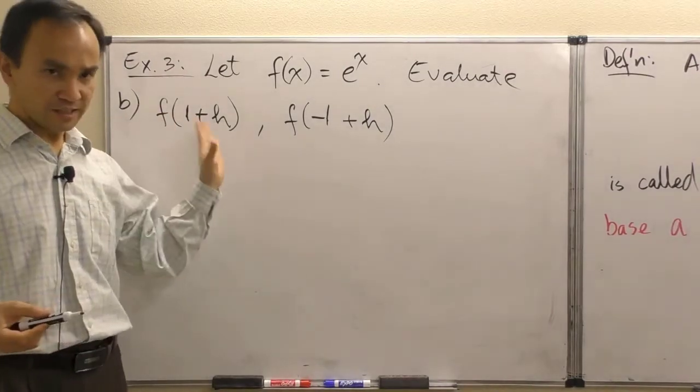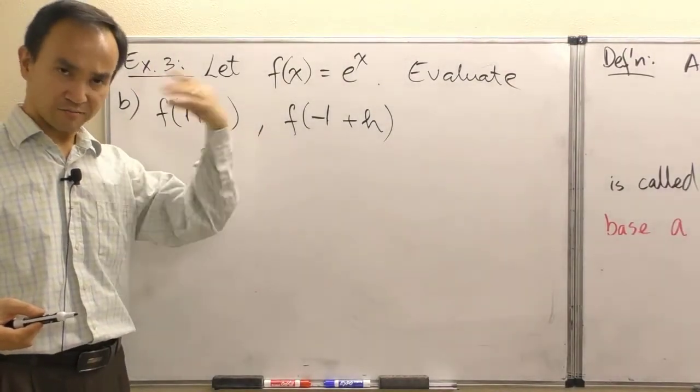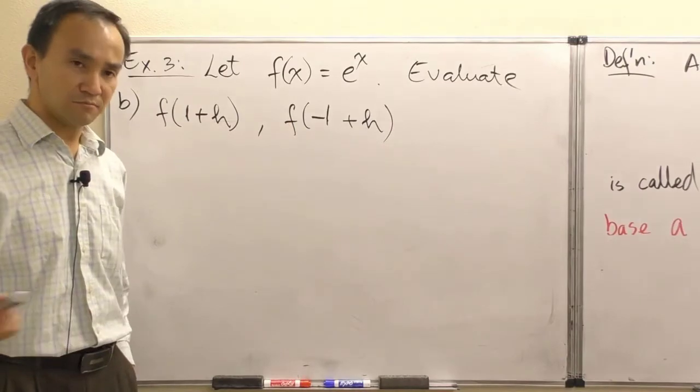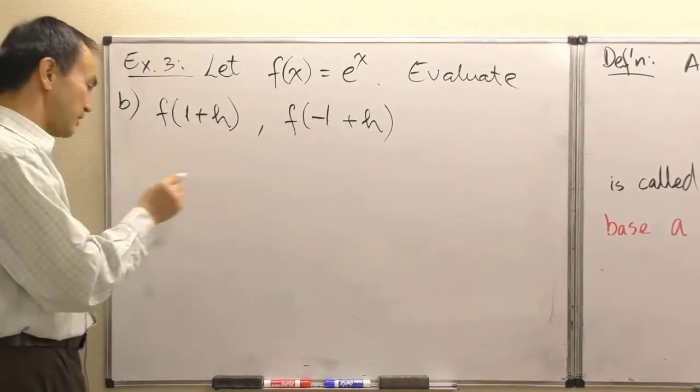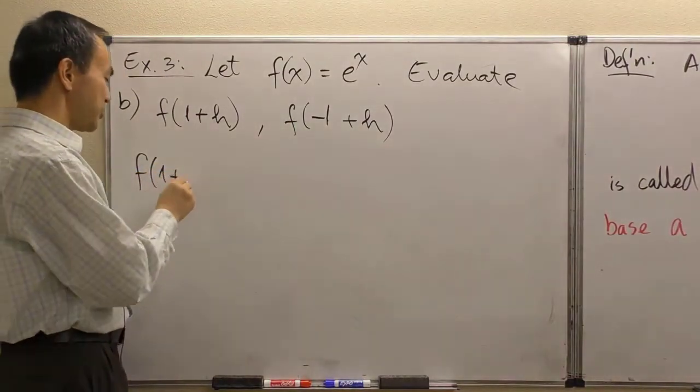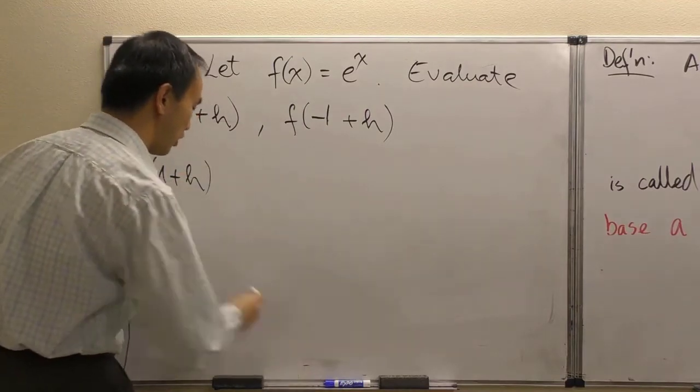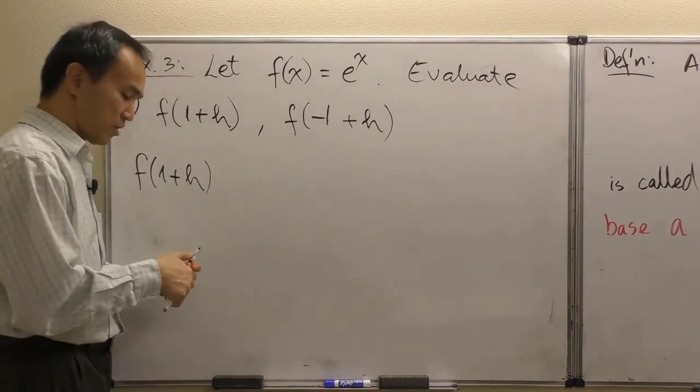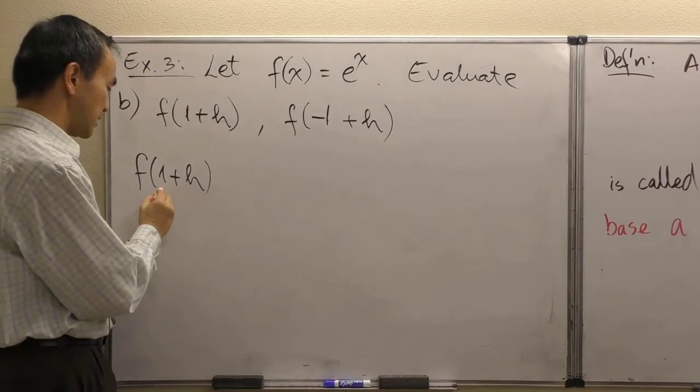So again, take this problem similarly to how we were doing it with example 2 right there. So now when we get to f of 1 plus h, the input is no longer a number. The input this time is instead an expression.